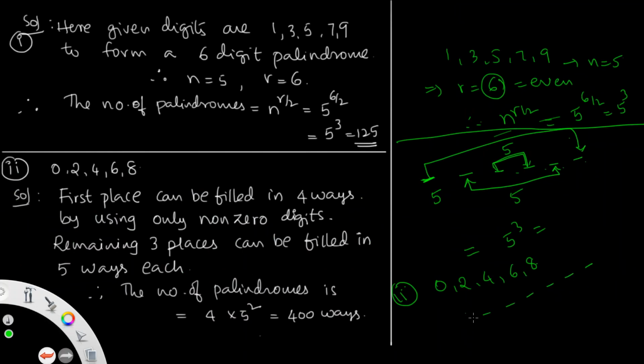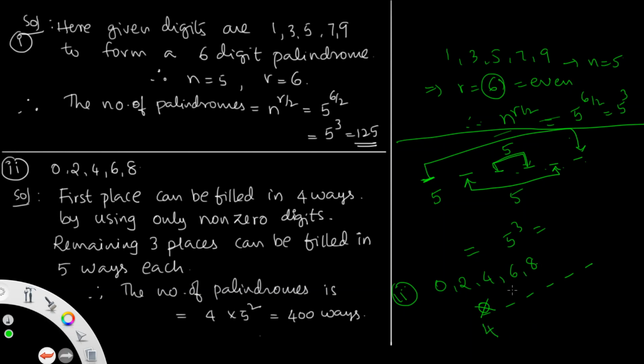The first place cannot be 0. Why? Because then we would not get a 6 digit number, and the question is asking for 6 digits. So the first place can be filled, except 0, in 4 ways.